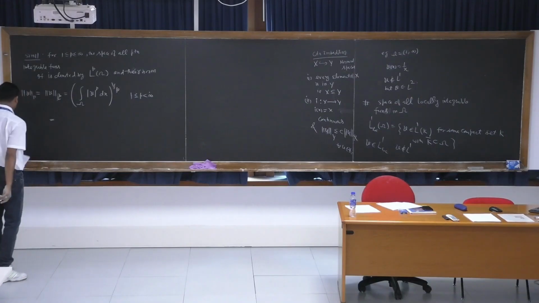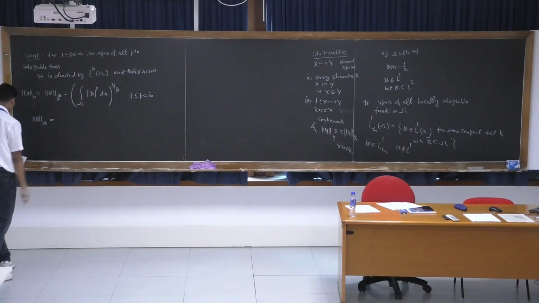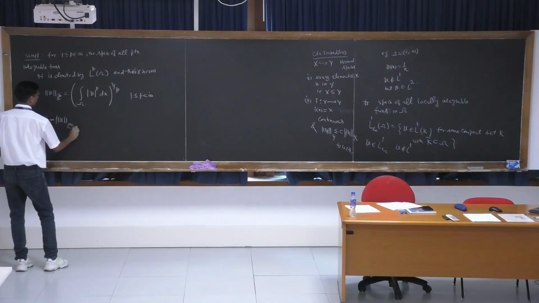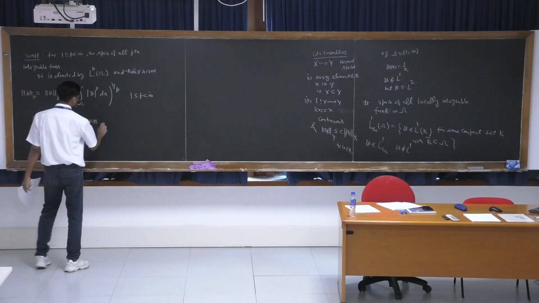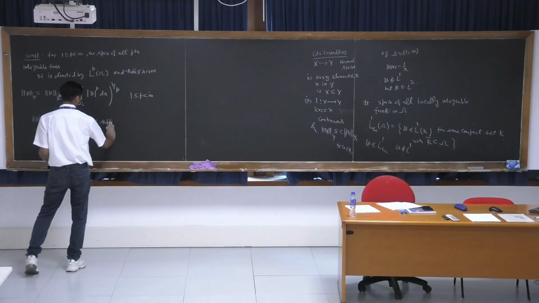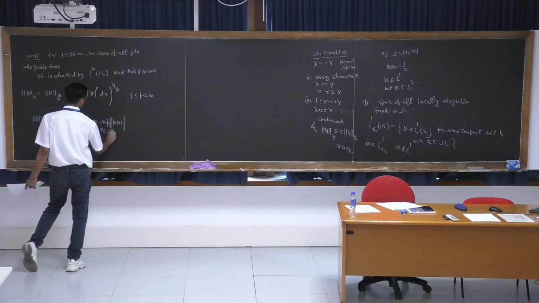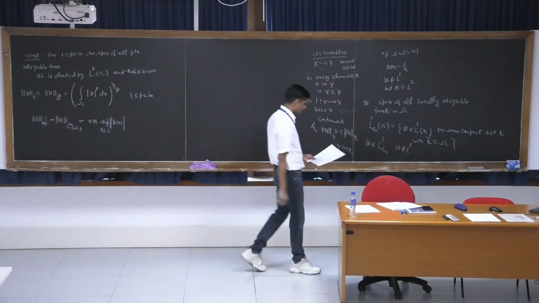For infinity, the norm is defined like this: the L infinity norm of v is equal to the essential supremum, just sup, of |v(x)|, x belonging to the domain. You already know what the essential norm is here.